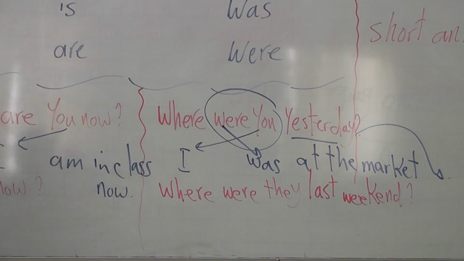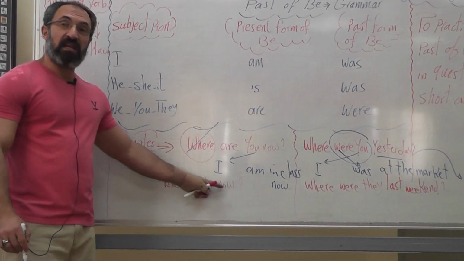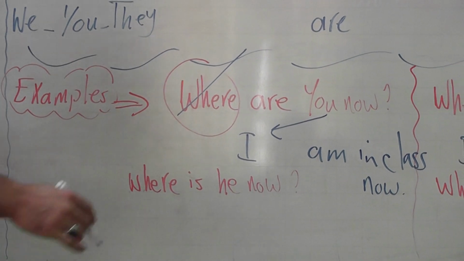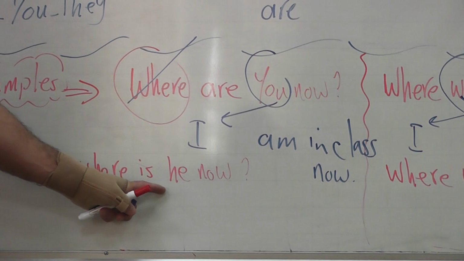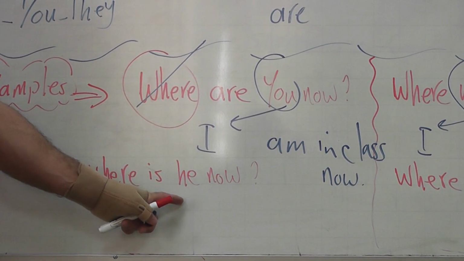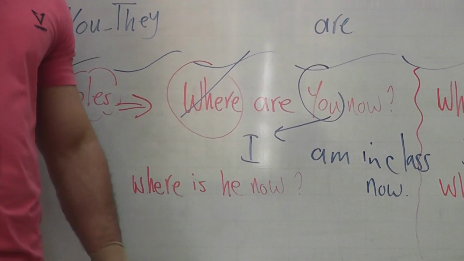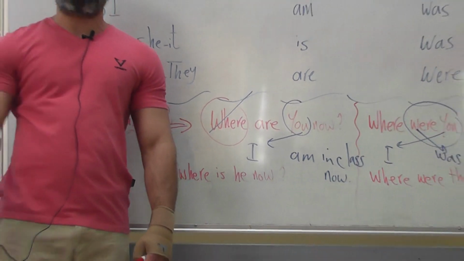So, let's have one more example. Where is he now? Don't forget that I changed my subject, which is you, to he. And I changed are to is, because here I have a singular subject, which is he. So, where is he now? I ask you about his place right now. I mean, where he is right now.